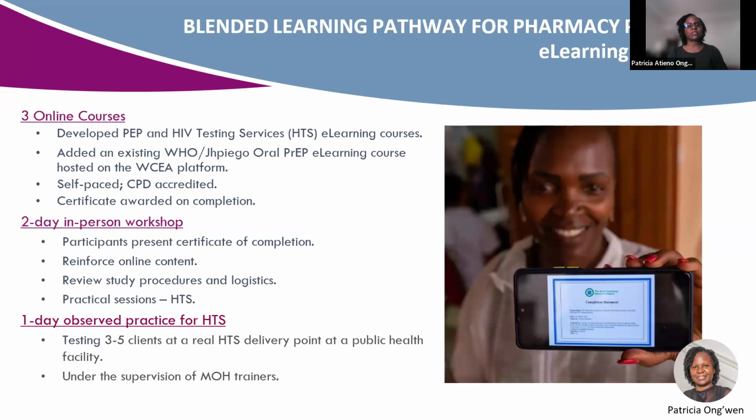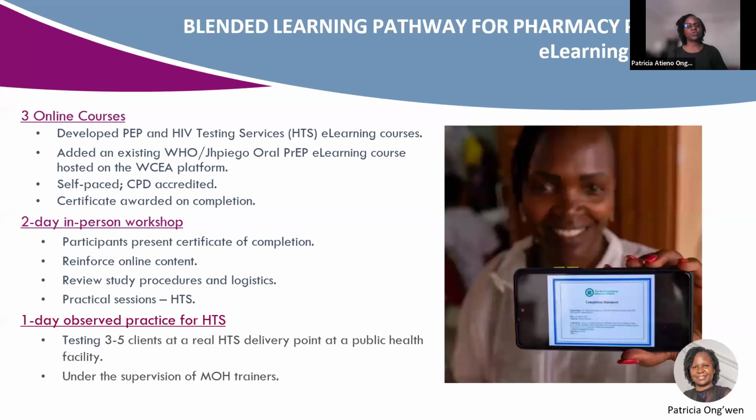The purpose of the in-person workshop was to reinforce the content that had been presented through the e-learning. We were also reviewing the study procedures and logistics, given that this was a study. This also offered an opportunity to have practical sessions, especially on HIV testing services and counseling.